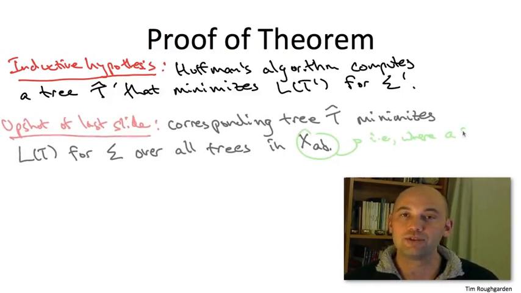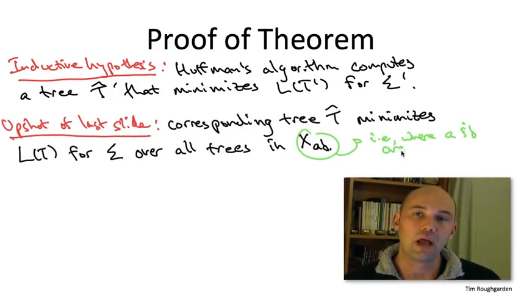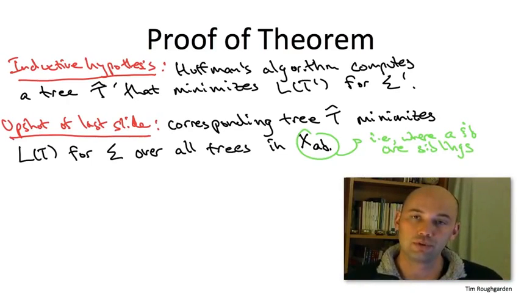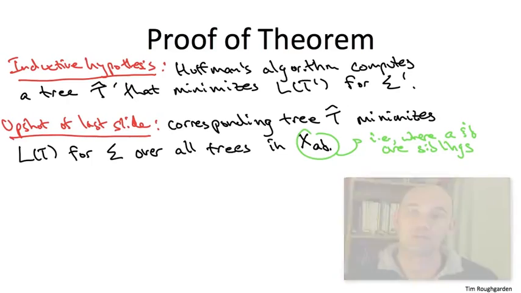So the upshot is, in minimizing average encoding length over all feasible solutions for the smaller subproblem, our recursive call is actually doing more for us. It's actually minimizing the average encoding length for the original problem with the original alphabet sigma over a subset of the feasible solutions in which A and B are siblings.